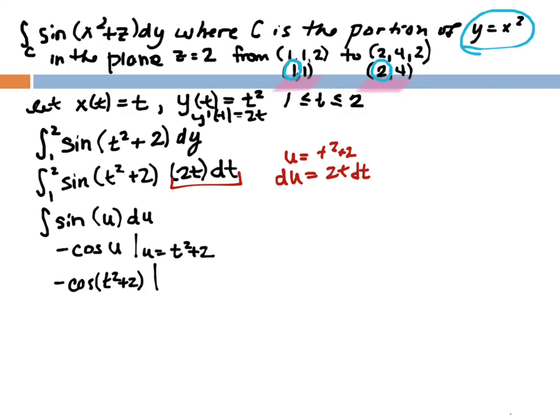And the t values are supposed to be going from 1 to 2. So 2 down to 1. And we're going to evaluate them. So what do we get when we plug in 2 here? Negative cosine of 6, and then minus the negative cosine of 3. And cleaning up just a little bit, this then would be the cosine of 3 minus the cosine of 6.